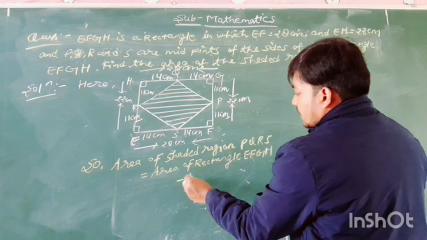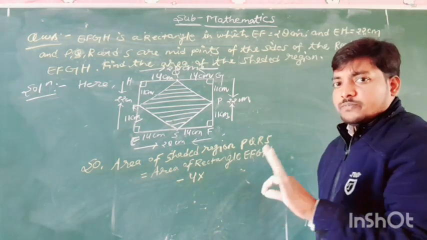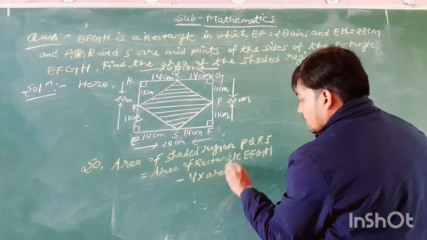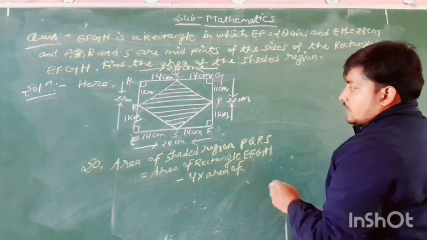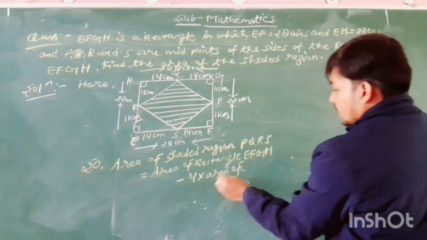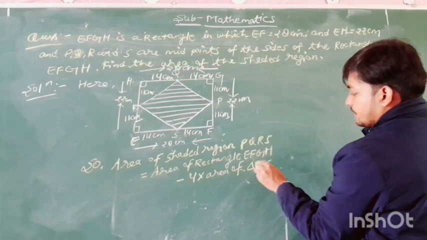So we write 4 into area of one triangle, here we consider triangle PFS, area of triangle PFS.